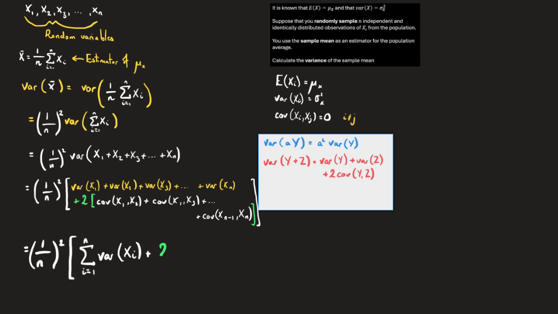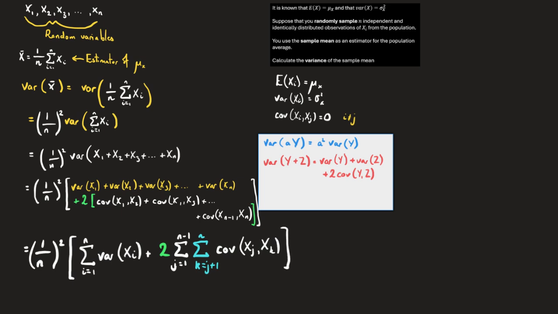So we've got two lots of the sum from j equal to 1 to n minus 1 of the sum from k equal to j plus 1 to n of the covariance between xj and xk.